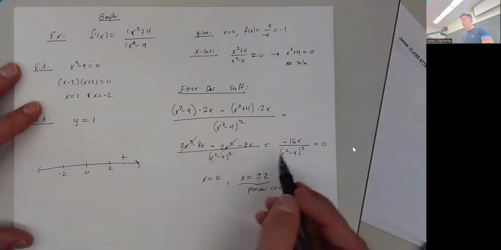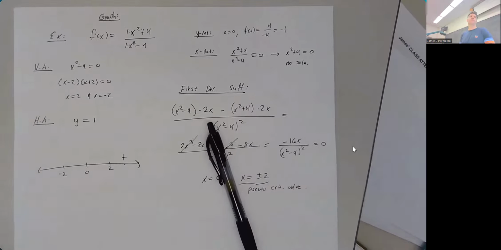Between 0 and 2, can you fix my mistake? Can you not let me get away with that? You all should check x equal to 3 real quick. Is the derivative positive or negative?